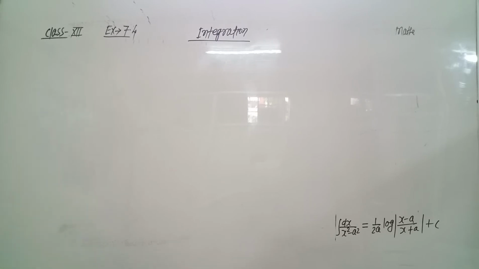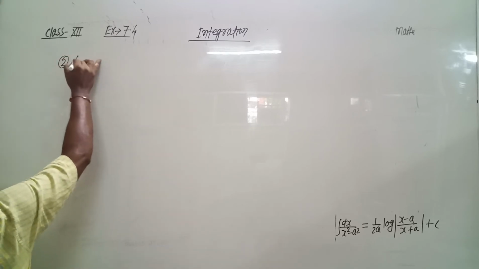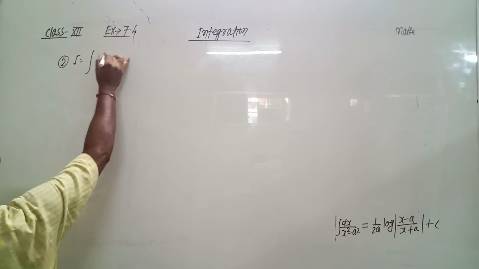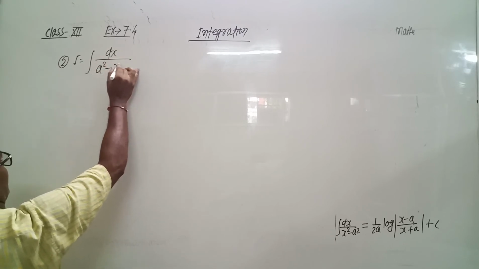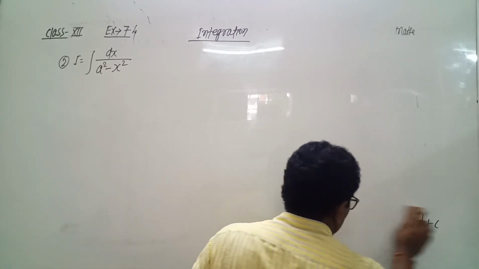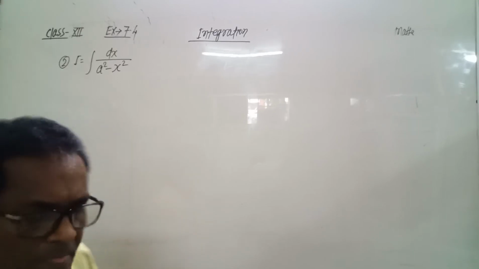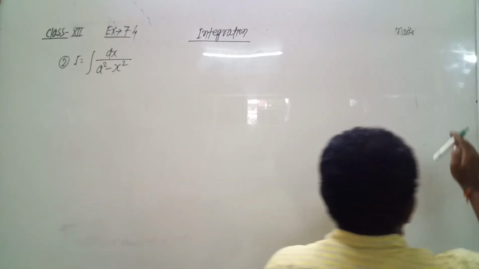Integration of dx upon a square minus x square. We have to integrate this expression, dx upon a square minus x square.